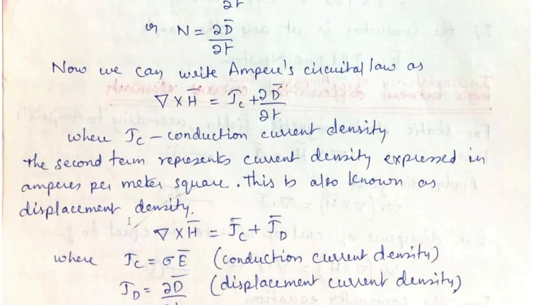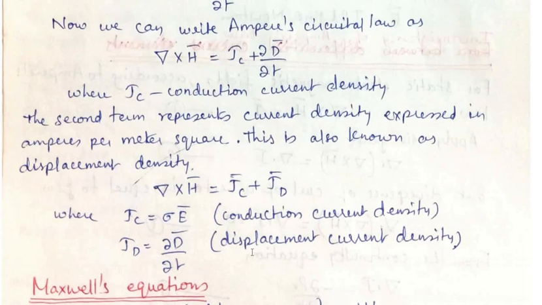Another name for this is the convection current density. Okay, so this current density exists in dielectrics or insulators. So this is the modified Ampere's circuital law, del cross H is equal to JC plus JD. Here JC is the conduction current density and JD is the displacement current density.